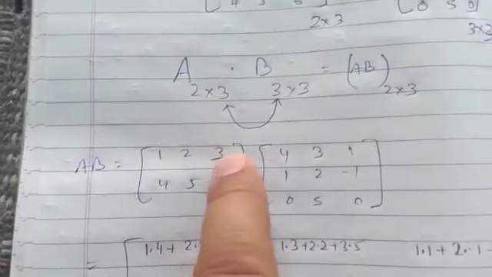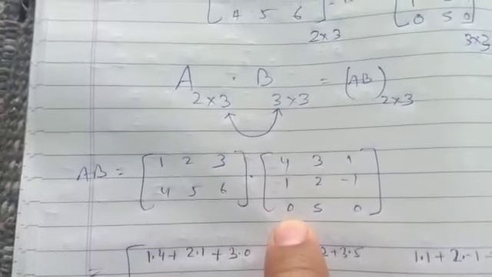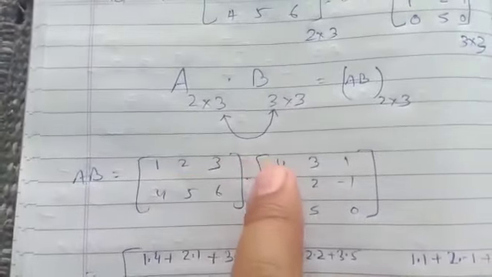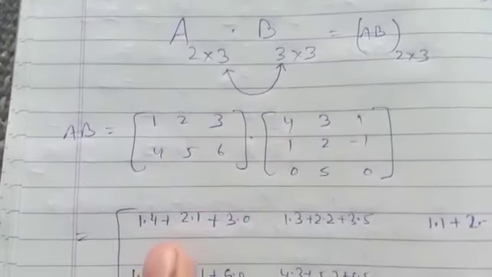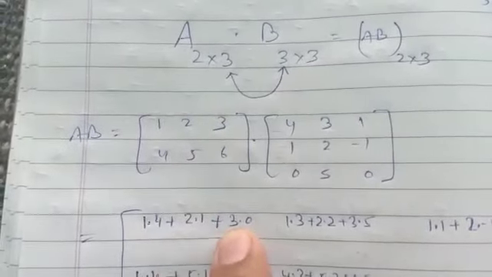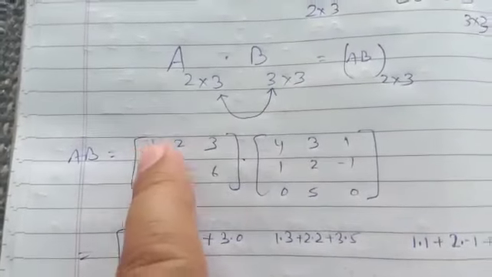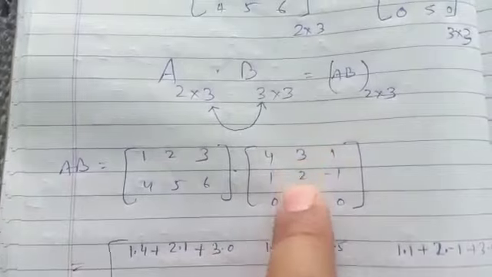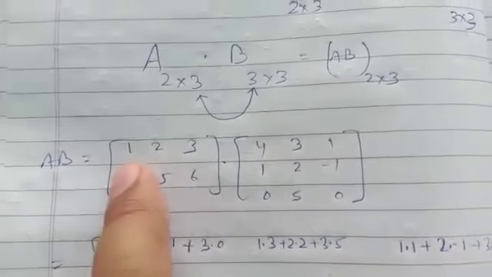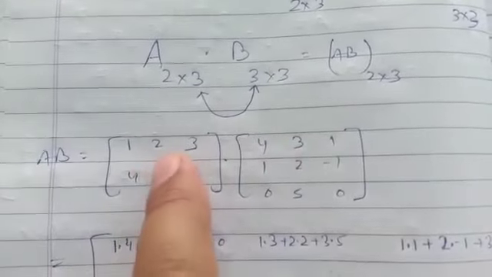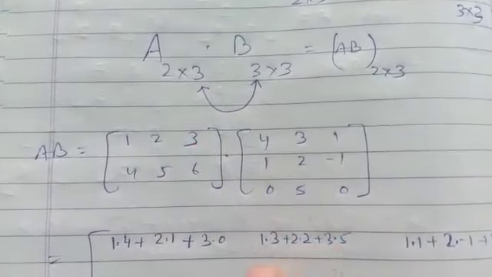First of all, the first row is multiplied with the first column. 1 into 4 plus 2 into 1 plus 3 into 0. In this way the first element is prepared. Similarly the first row is multiplied with the second column: 1 into 3 plus 2 into 2 plus 3 into 5.